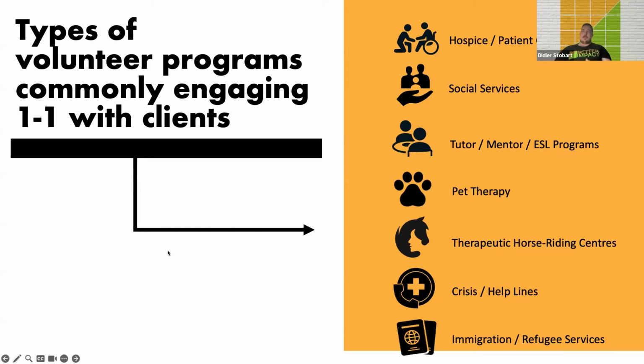So some types of volunteer programs that commonly engage one-on-one with clients. You've obviously got your hospices, your patient care, social services, tutors, mentors, ESL programs, pet therapy, therapeutic horse riding centres, crisis helplines, immigration, refugee services. So if you're not on the list there, you still can utilise client impact. It has a wide range of use cases.